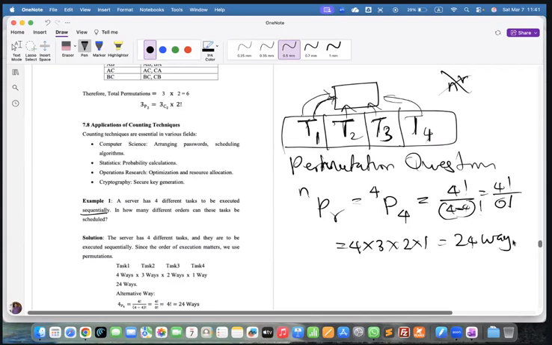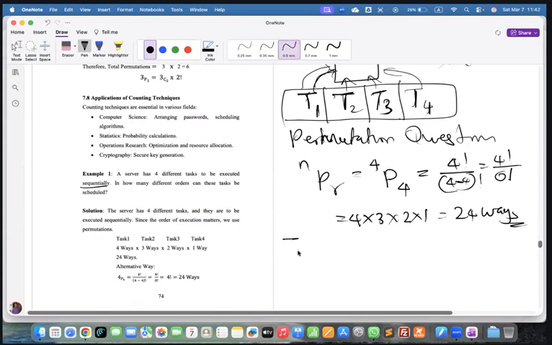There are 24 possible orders for these 4 tasks to be completed by the server sequentially.